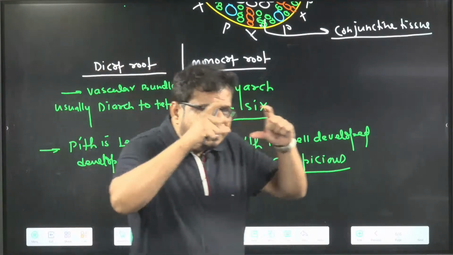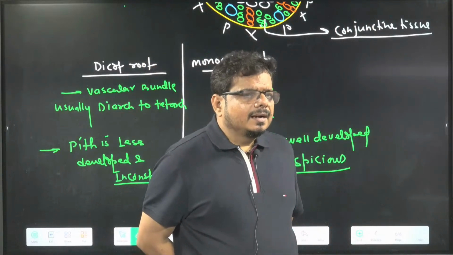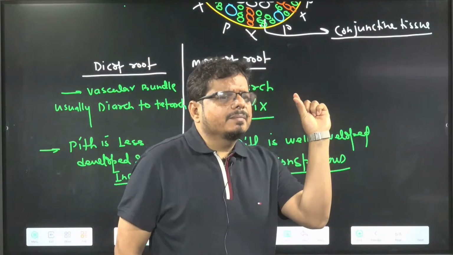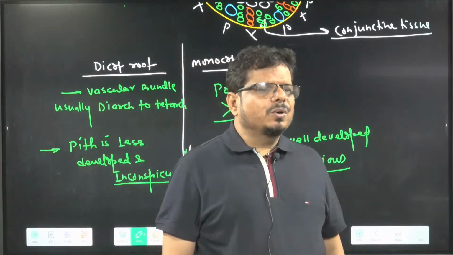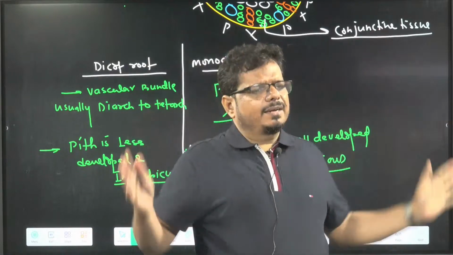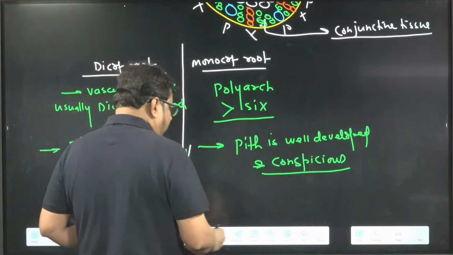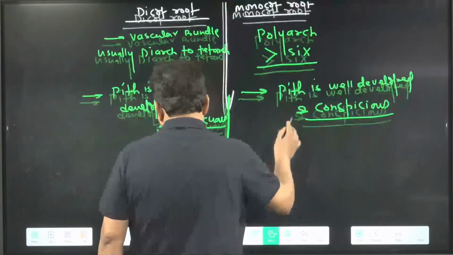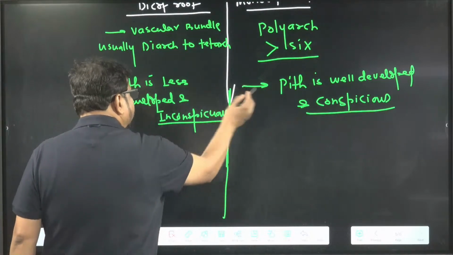Conspicuous means that which can be visualized easily, which is bigger in size. I am showing you dust by keeping it in my hand, you will see it. But if I keep a stone, it will be visible to you or not? So what is bigger is better visible. In monocot root, pith is conspicuous, and in dicot root, it is inconspicuous. It is less developed, it is well developed.